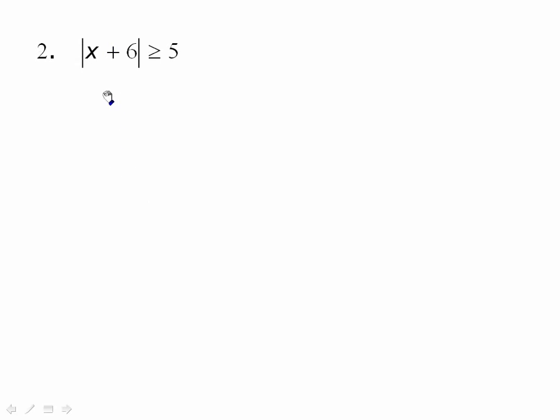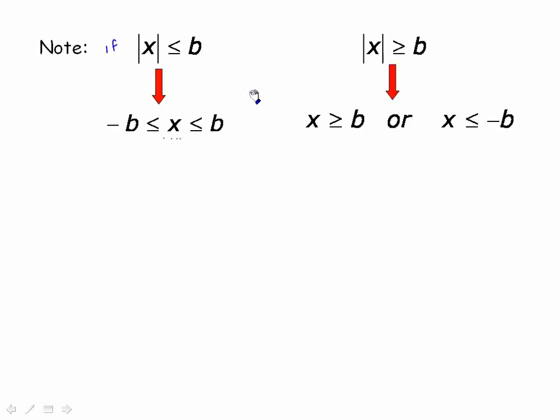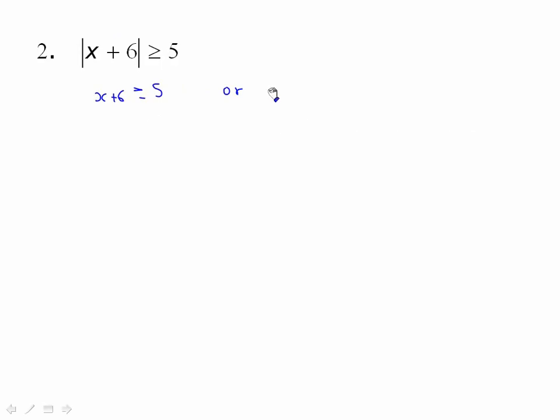So I will do the fast method for this. So this would be x plus 6 on one hand is greater than or equal to 5. And then the other one, if you check back on the instructions, would be x plus 6 is less than or equal to negative 5.